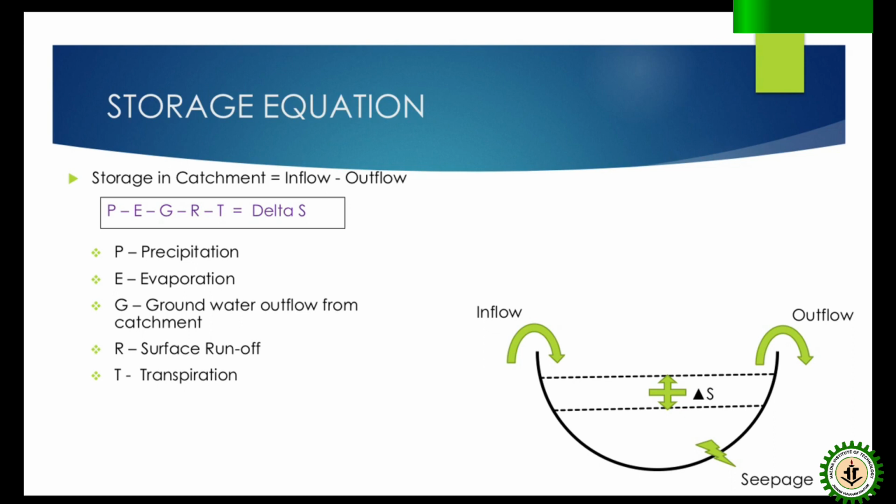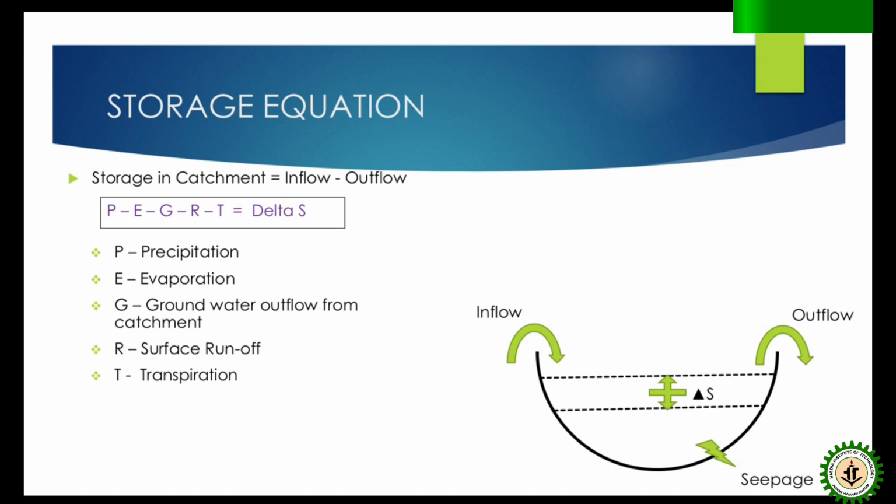Coming to the storage equation, storage in catchment. What types of things are there? Inflow and outflow. Inflow is the positive thing, what is coming in: precipitation, rainfall, hail, everything comes under it. We have seen what precipitation is. So precipitation is your inflow, and everything else will be deducted.